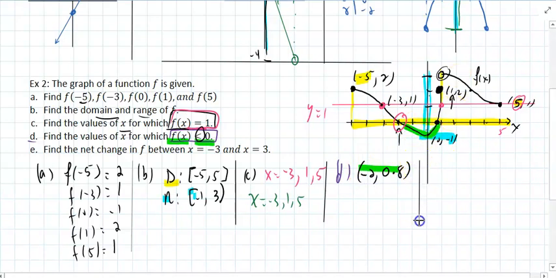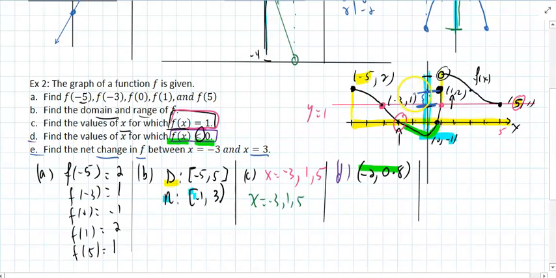And the last part is asking, find the net change in y between x equals negative 3 and x equals 1. So basically, figure out the difference between those y values.